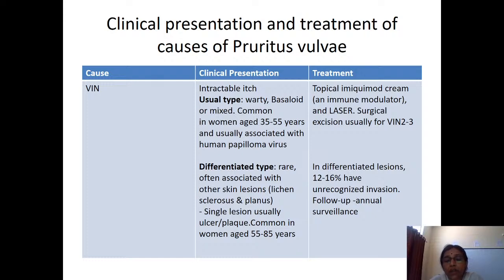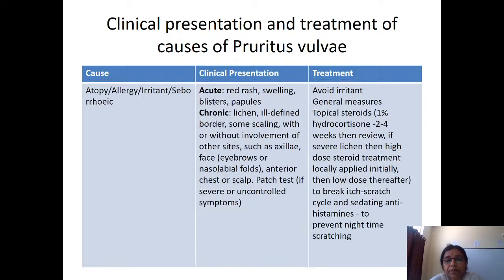A bit elderly women are prone to this type of VIN. Whereas the usual type tends to occur in the middle age group, the differentiated type tends to occur more often in postmenopausal women. Because of the associated conditions like lichen sclerosus and planus, there is always a chance of turning into malignancy. So these lesions always need a follow-up with annual surveillance.